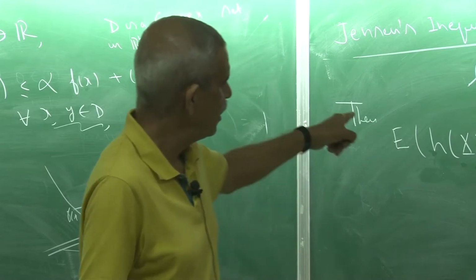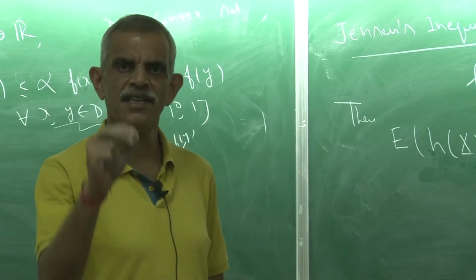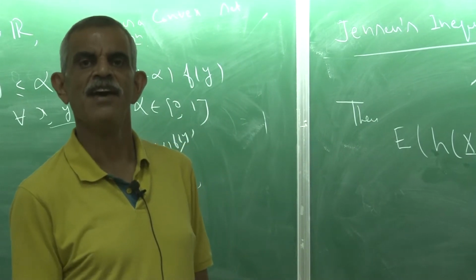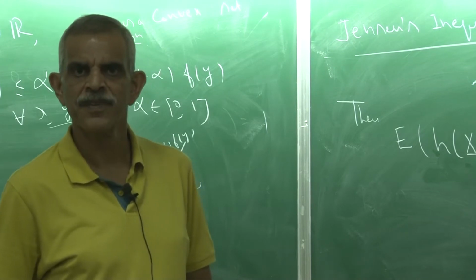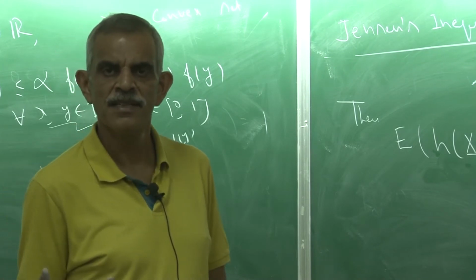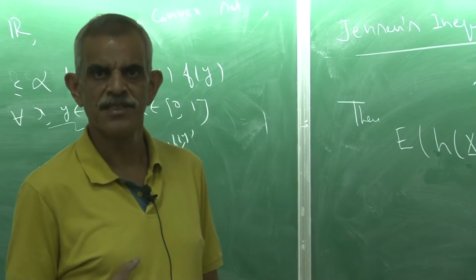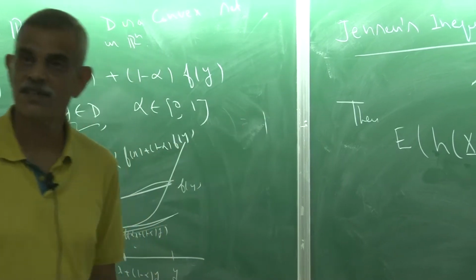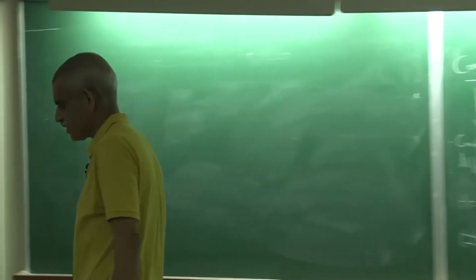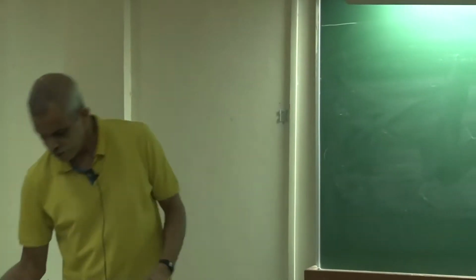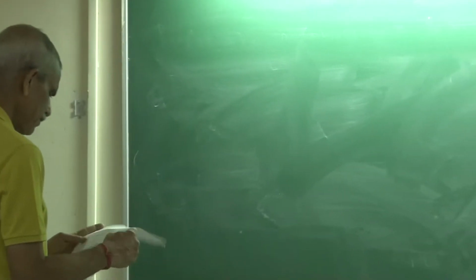So possibly, rather than considering Y of X, if I consider their averages, that might give me a reasonable estimator, especially if my loss function is convex. So let's try to see that.